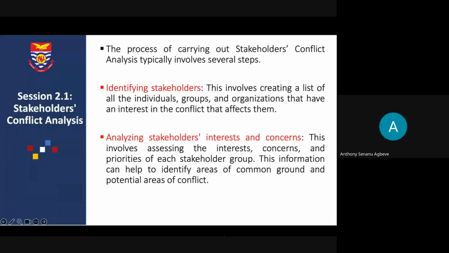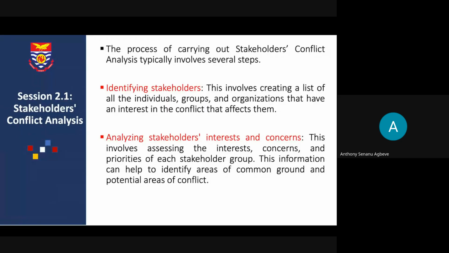Identify the stakeholders. So this involves creating a list of all the individuals, groups, and organizations that have an interest in the conflict. So you identify all the various stakeholders who are engaged or involved in the conflict. Then you analyze their interests and concerns. After identifying these stakeholders, you need to note down their interests and concerns, because don't forget, each and every stakeholder has an interest.